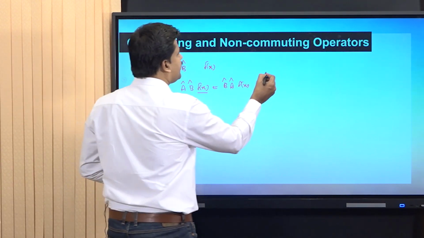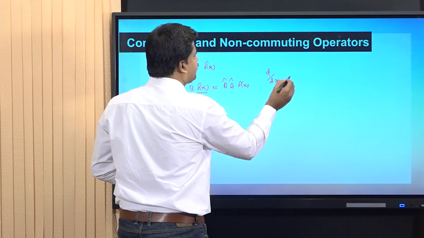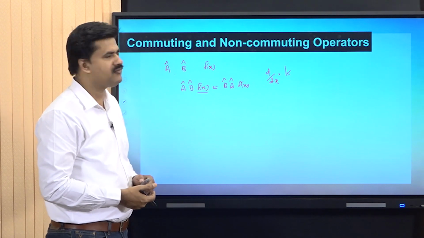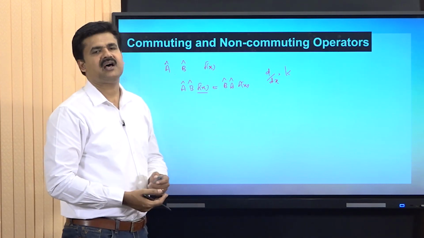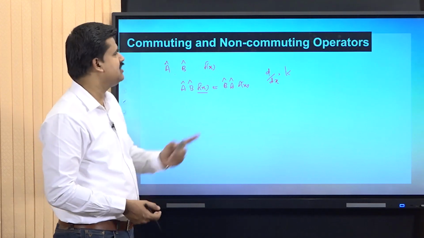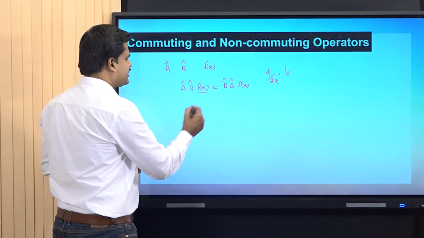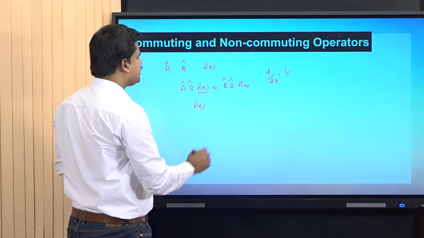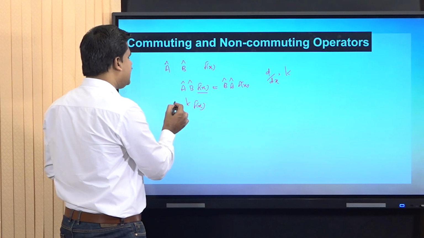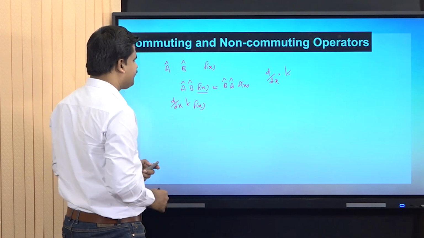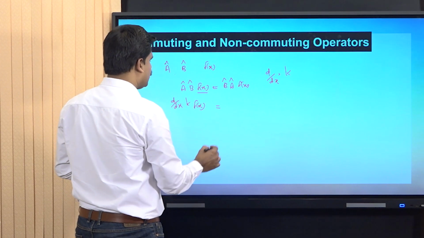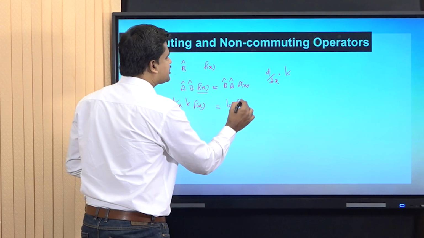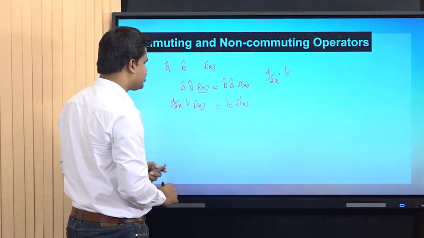For example, d by dx and a constant operator are excellent examples of commuting operators. Let us check it. I am taking a function f of x. I operate first with k, then with d by dx. The result equals k times d by dx of f of x. d by dx of f of x can be marked as f dash x.